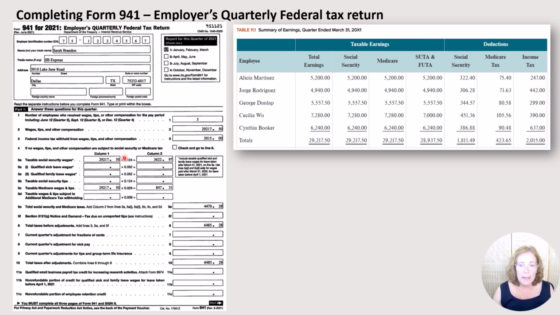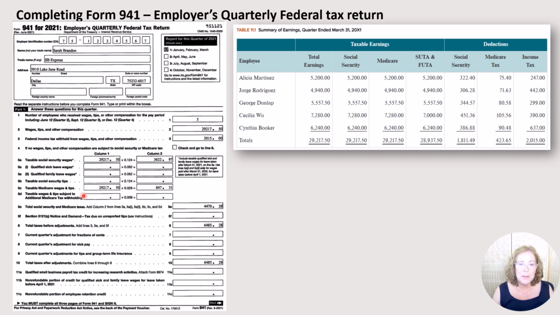The taxable Medicare wages are entered on row 5C, and we multiply that amount by 2.9%. Why 2.9%? It represents the employee and employer portion of 1.45% each. On the next row, 5D, we would enter any Medicare wages subject to the additional Medicare withholding. However, that doesn't apply in our example.